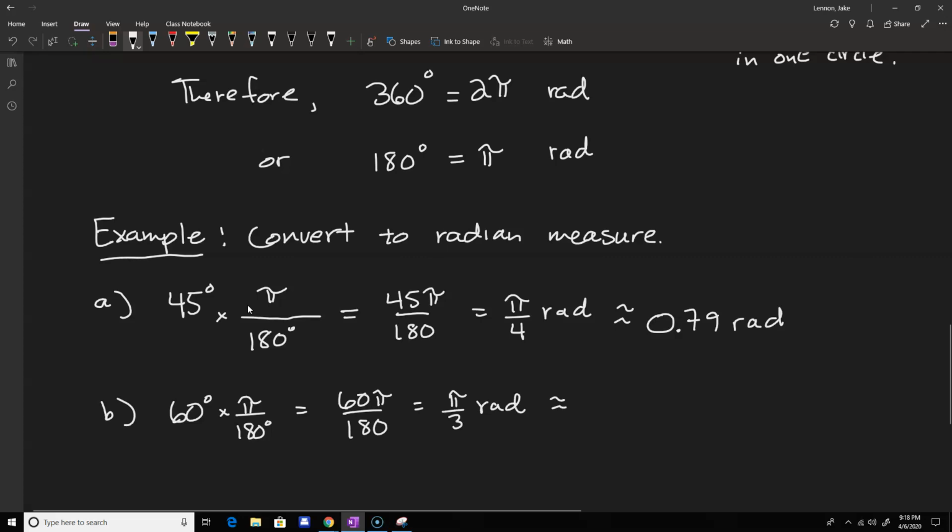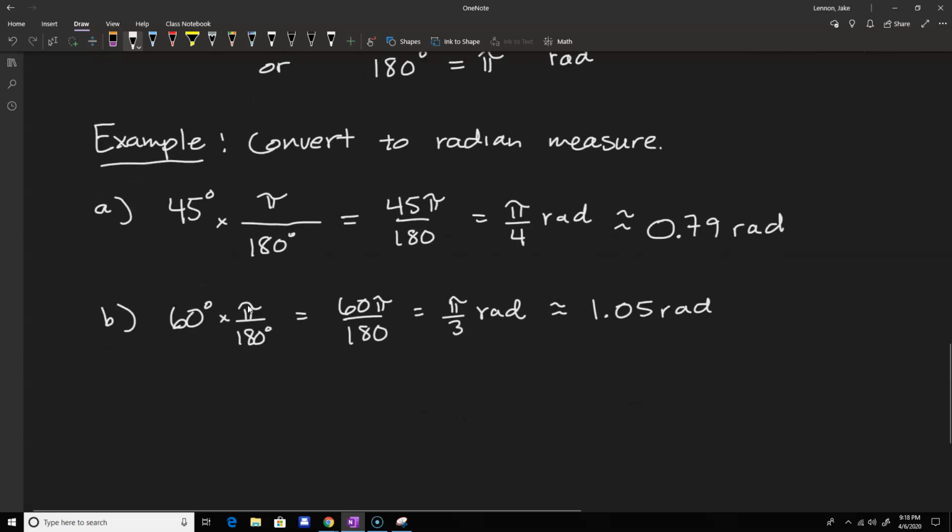And you could get a numerical value. And this comes out to about 1.05 radians. So these numbers are a little bit different than we're used to for measuring angles, but the thing about it is it's not based on some arbitrary notion. It's based on a geometrical fact about a circle.